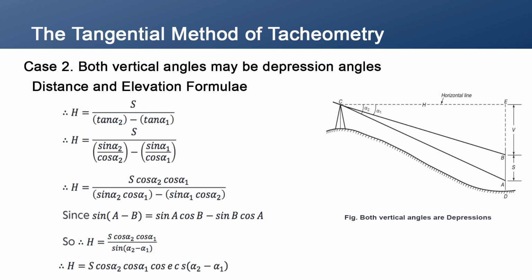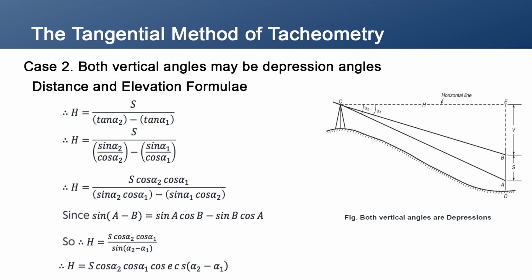Therefore, H is equal to S by (tan alpha 2 minus tan alpha 1). We know tan is sine by cos. So, H is equal to S by (sine alpha 2 by cos alpha 2 minus sine alpha 1 by cos alpha 1). Upon doing the mathematical calculation, we get H is equal to S cos alpha 2 cos alpha 1 by (sine alpha 2 cos alpha 1 minus sine alpha 1 cos alpha 2).